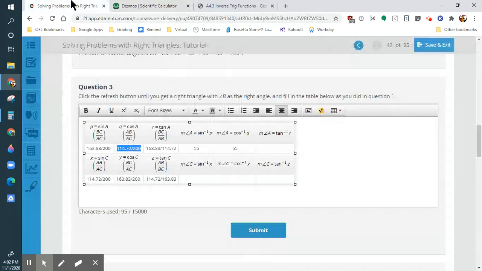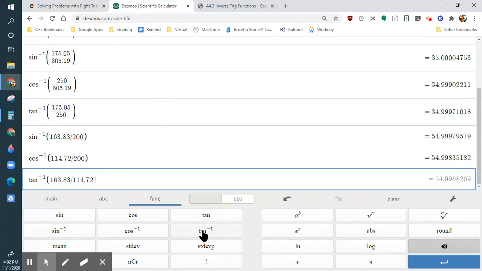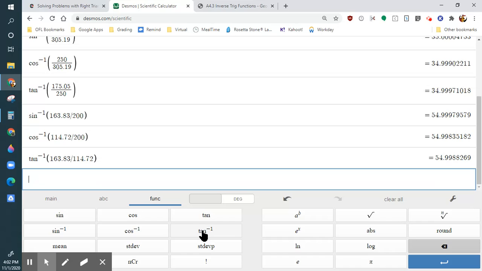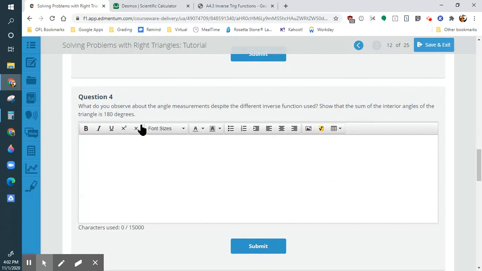Be 55, and then tangent 55. They're all 55. Yay. So if these are all 55, you can safely assume these are going to be all 35. I think they have you do this repetitively because they don't have an instructor explaining it.